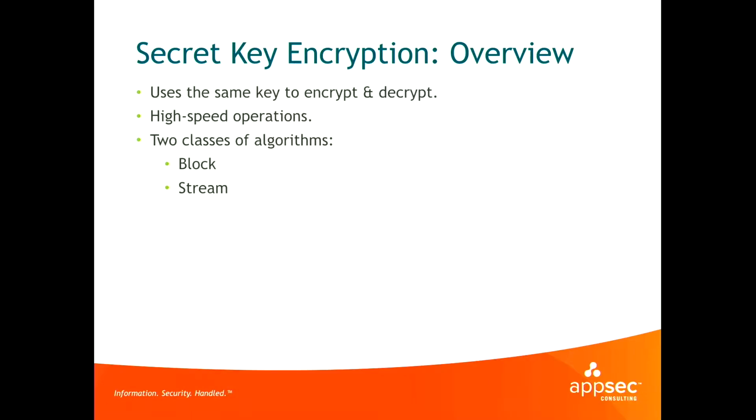Stream ciphers are conceptually very simple. It basically breaks down to a secure random number generator. You produce an output the same size as your data. You XOR those two things together and you're done. Very clean, very simple, very fast.